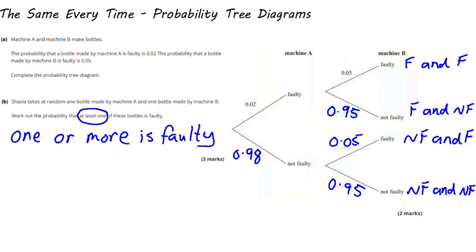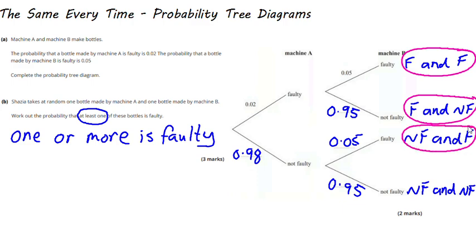Looking at my options, here we have 2 faulty bottles, so that qualifies as more than one. One or more, yes, there's one faulty there. There's one faulty in this. Not faulty and not faulty, that one doesn't count because there's nothing faulty in that particular option. So for one or more bottles faulty, I have 3 possible options.